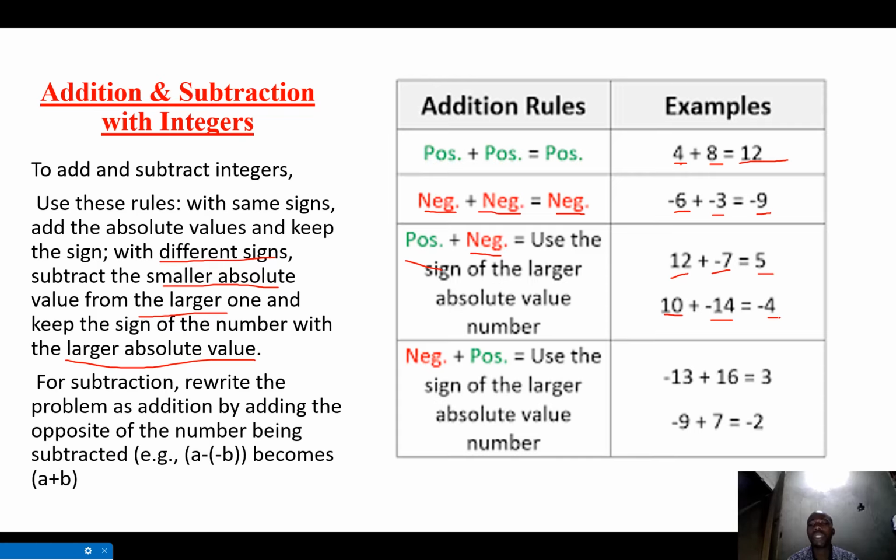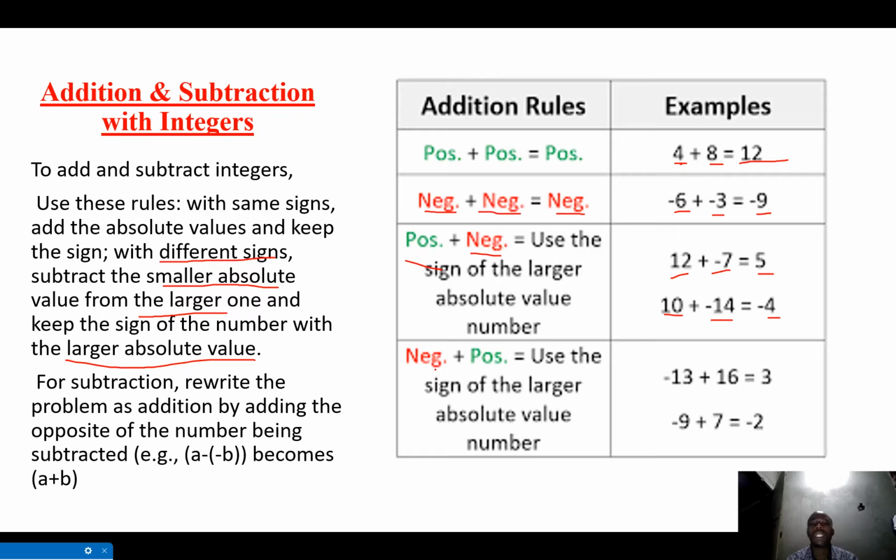So we use the sign of the larger number. If the sign of the bigger number is negative, then we do subtraction and get a negative. If the sign of the bigger number is positive, we get a positive.